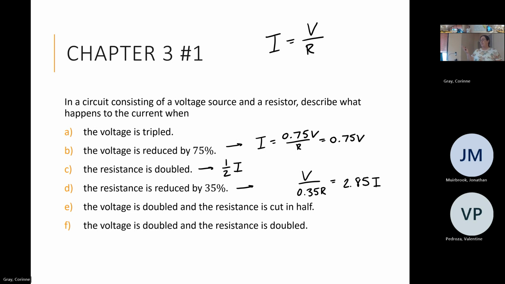What else? We got A, E, and F left. Yep. Yeah. Yep. So just triple the voltage, triple the current. All right. Middle row. What do you get for E?